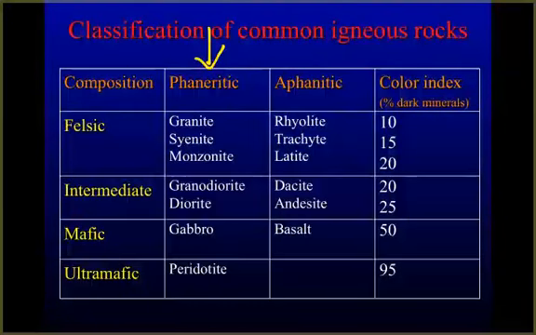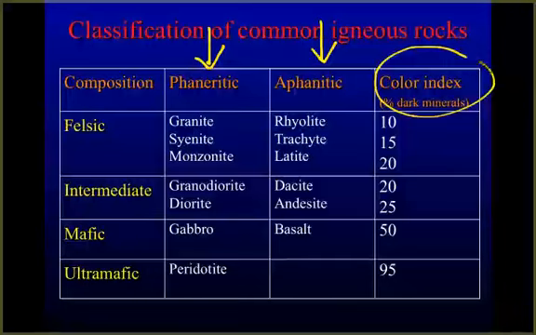The phaneritic rock names for the plutonic equivalents of those different chemistries, then the aphanitic or volcanic rocks that will be equivalent to those phaneritic textures. And then something that's called the color index. And that is the percentage of dark minerals in the rock. And color is misleading, but it can help with igneous rocks, just getting an idea broadly, are we looking at a felsic, intermediate, or mafic rock, or ultramafic rock?